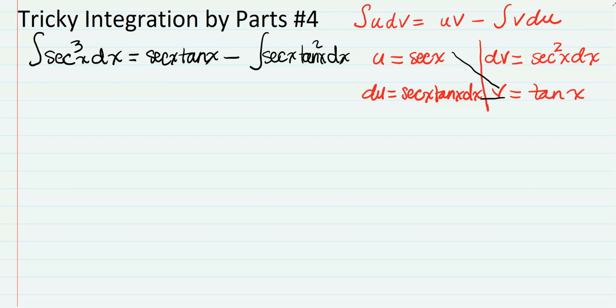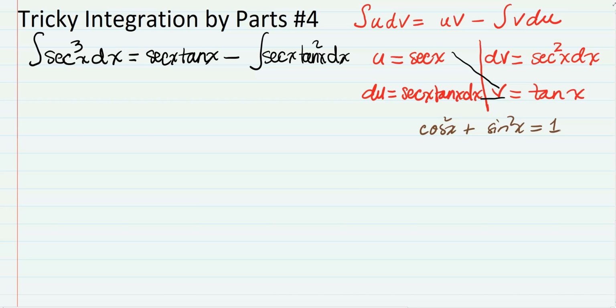We actually could do a little trig substitution, because what is tangent square? Well, we know that cosine square x plus sine square x equals 1, right? Do you remember how that goes?